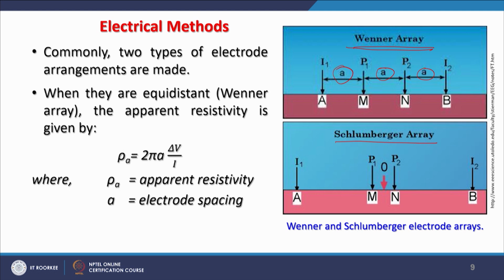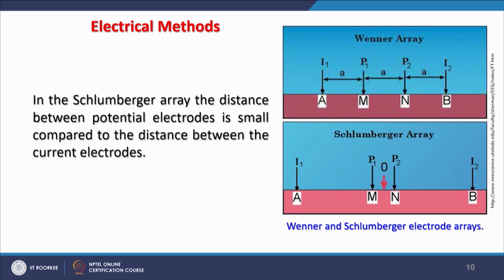A is the electrode spacing. In Wenner, all distances between all electrodes are the same, and delta V is the potential difference. And in case of Schlumberger array, as we have seen, the distance between potential electrodes is small compared to the distance between our current electrodes.